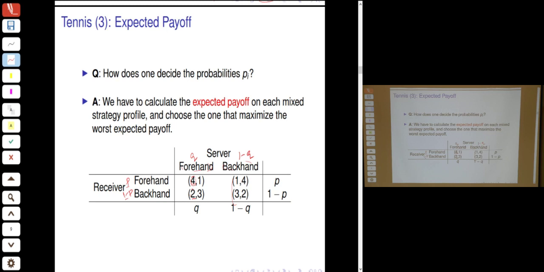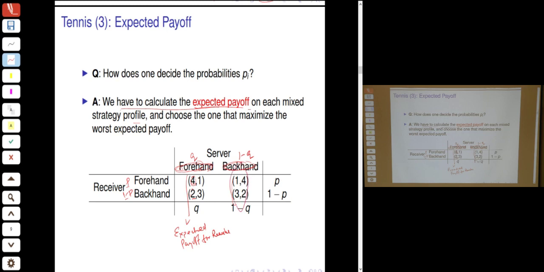This is the value which the receiver can expect to get as payoff when the opponent, that is the server, plays backhand. So we have to calculate the expected payoff for every one of these possible fixed choices of strategies of the server. So for this column you get an expected payoff for the receiver.